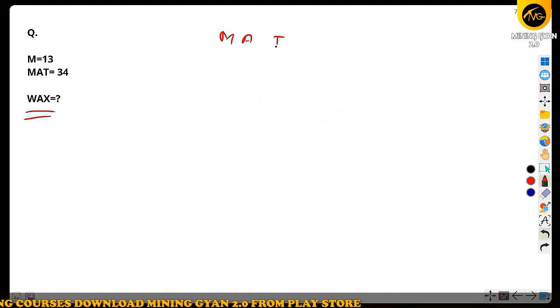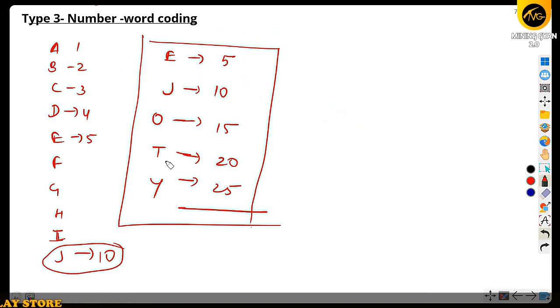MAT is equal to 34 and we already know M is 13, A is 1, and T is 20, as I have already told you. So EJOTY, it is very important to memorize at least these 5 alphabets.